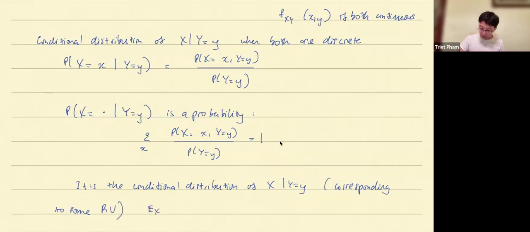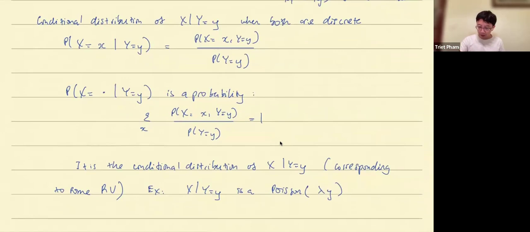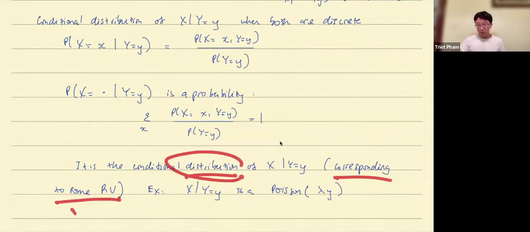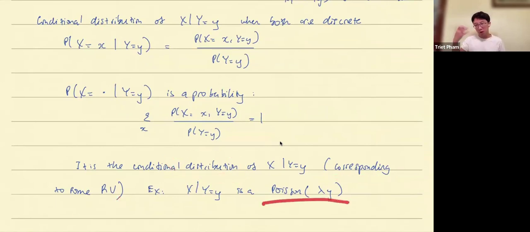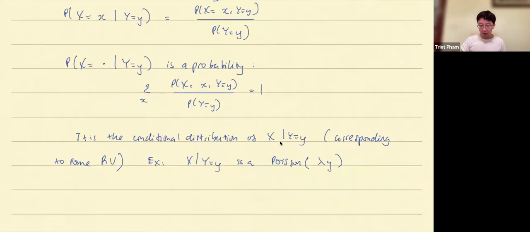For example, we will say something like x given y equals little y is a Poisson, let's say, lambda times y. I'm just giving an example that may or may not be true. So basically, it is a distribution, and there are models with that kind of distribution. It could be a Poisson distribution, a binomial distribution, etc.